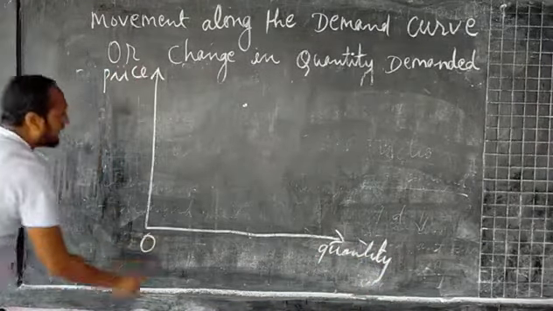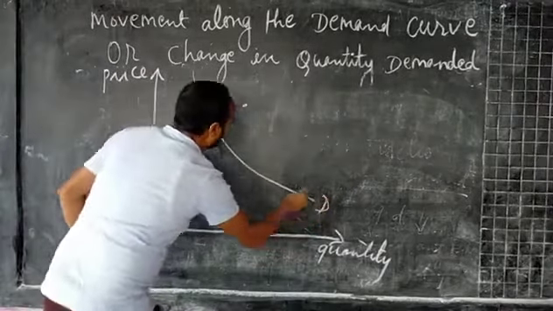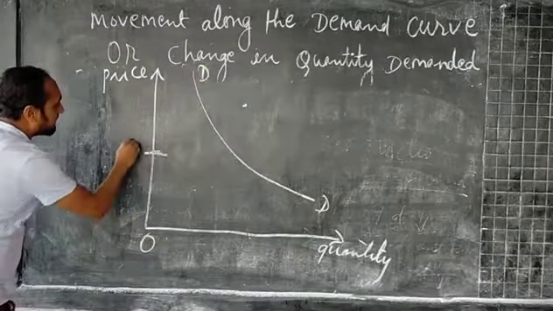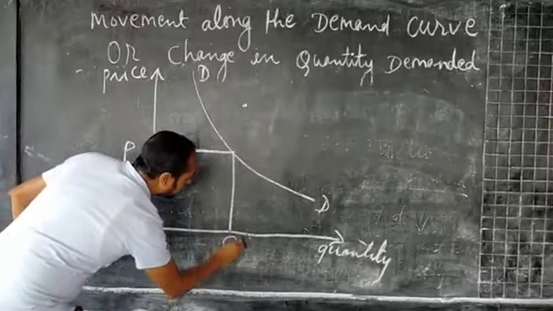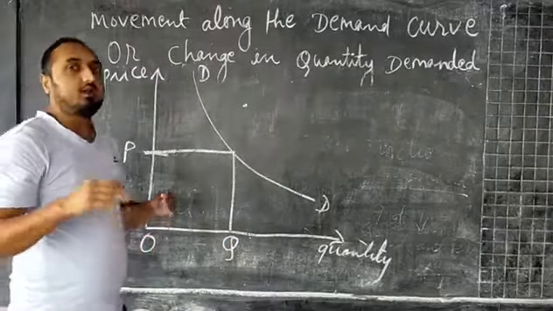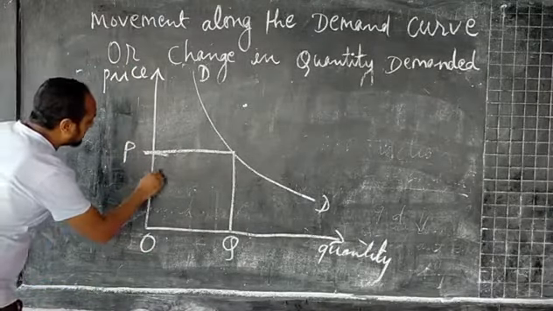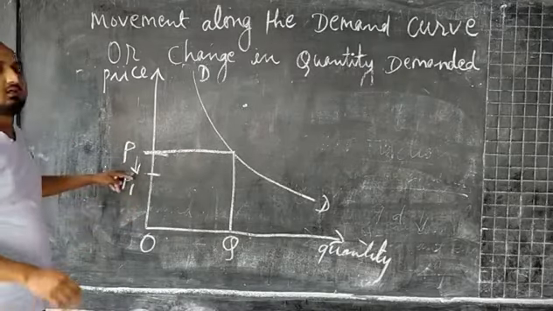This is our origin, and the demand curve is downward sloping. We consider the initial price P, and at price P suppose the quantity demanded is Q. Now if the price decreases from P to P1, this downward arrow shows the decrease in price.